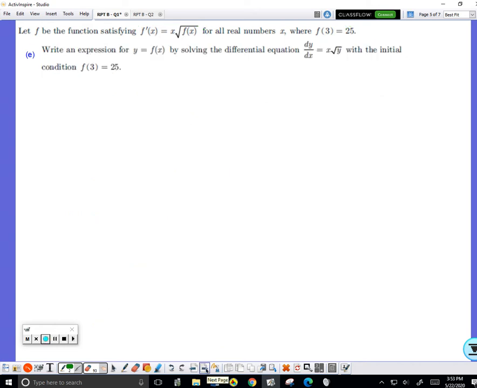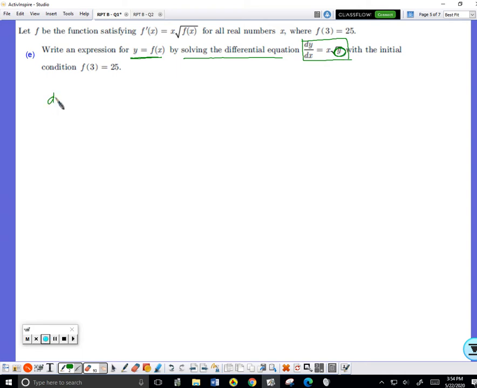Part E. Write an expression for y by solving the differential equation. So I'm solving a differential equation. My differential equation contains the output variable y, therefore I must use the SASSY method.